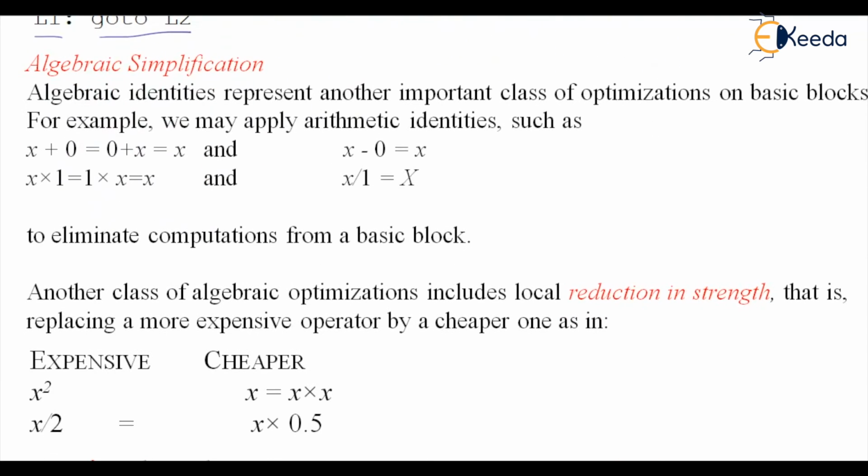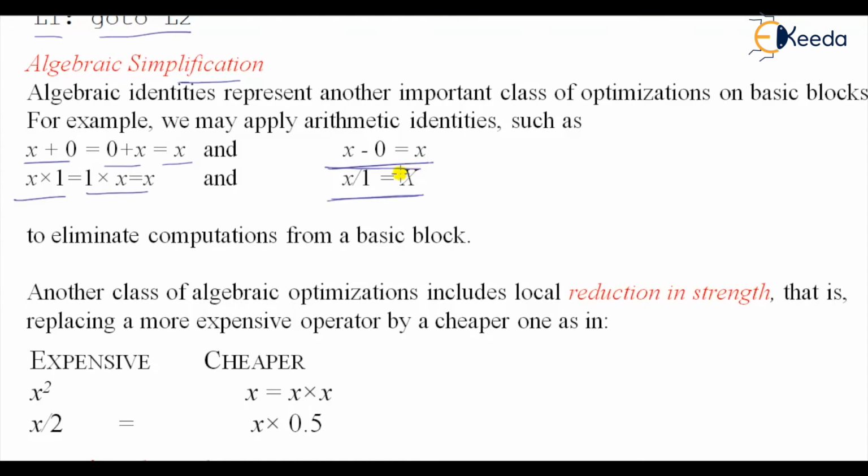The next one is algebraic simplification, which we have already seen: x plus 0 and 0 plus x is equal to x, x multiplied by 1 is equal to x. There is no point in subtracting 0 from x, and no point in dividing x by 1.